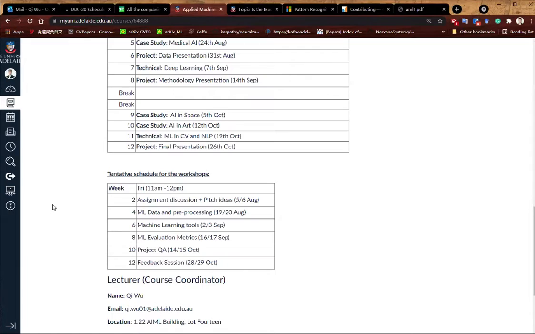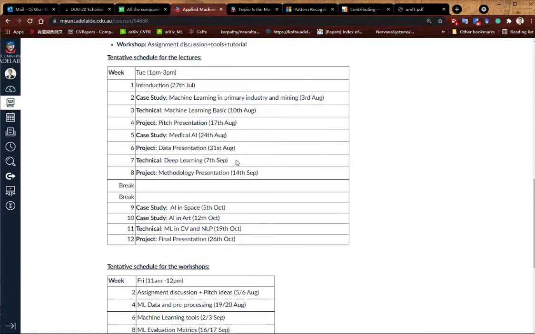Simply send us an email saying, this is my project, I want to have some feedback, can we have an appointment? We will try to arrange a time with you to discuss your project. For the tutorial things, like machine learning and data pre-processing, those technical things will be the same for both local and remote students. The difference is the discussion session. For that, we may set up a room session, or we can have an individual appointment if you want one.